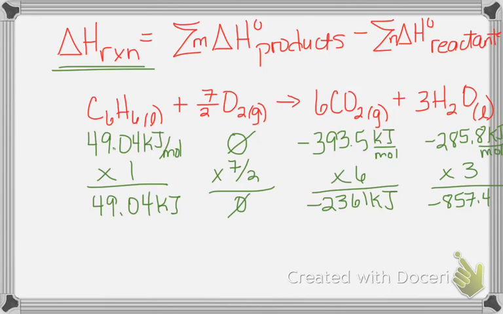Okay, guys, we're working through this formula. So what we have done is we have looked up the standard enthalpies of formation. That was number one. Number two, we multiplied them by their coefficients. That took care of this little m and this little n. That's what those are referring to, the coefficients. What do you think we need to do next?